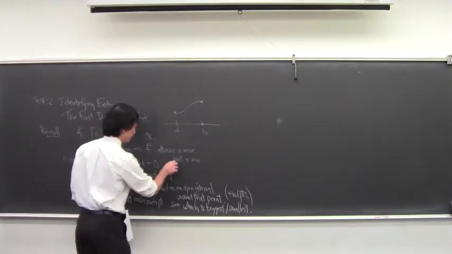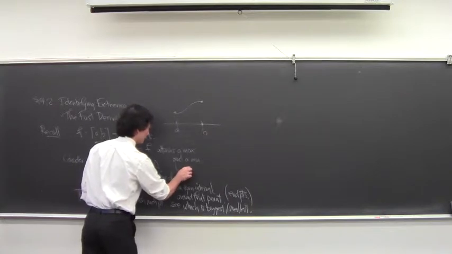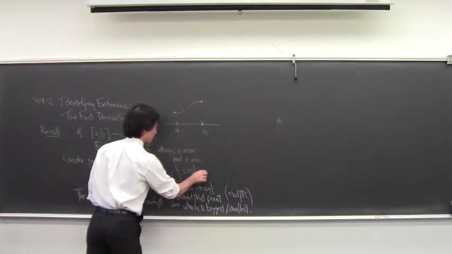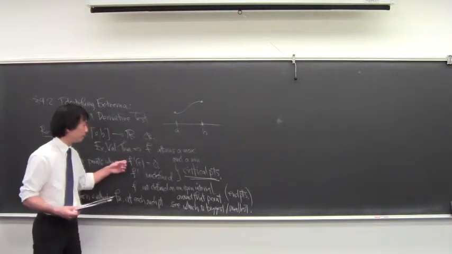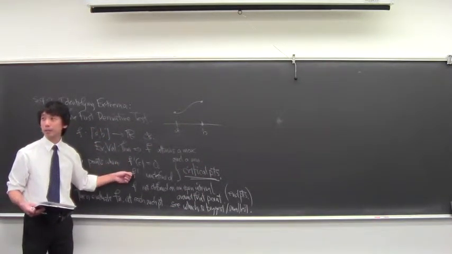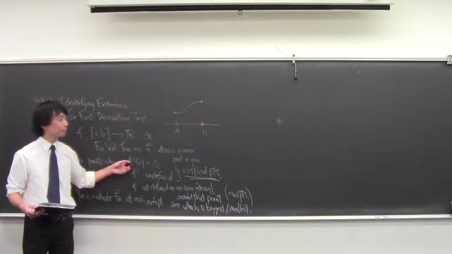Let me remind you that these guys are called critical points. Where the derivative is 0 or undefined, those things are called critical points.